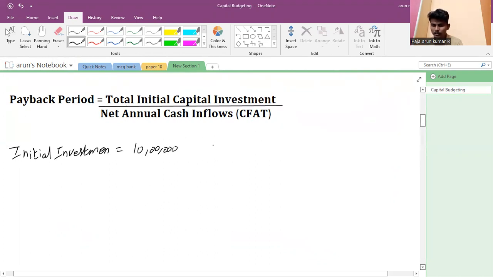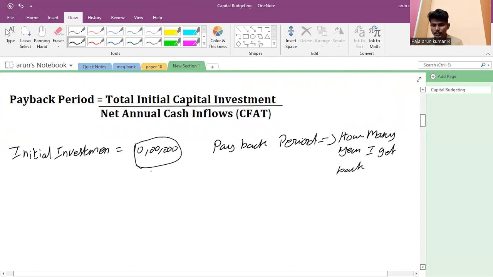We find out the payback period. They ask how many years it takes to get back the 10 lakhs.